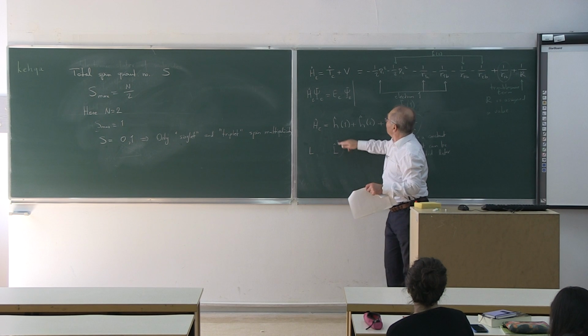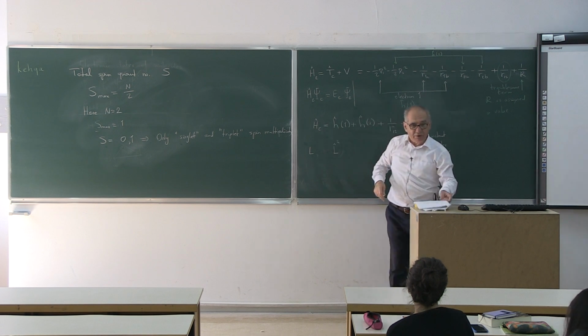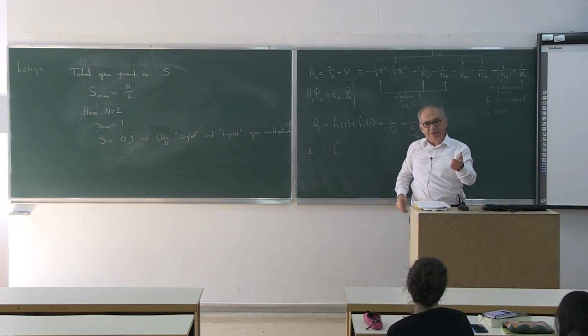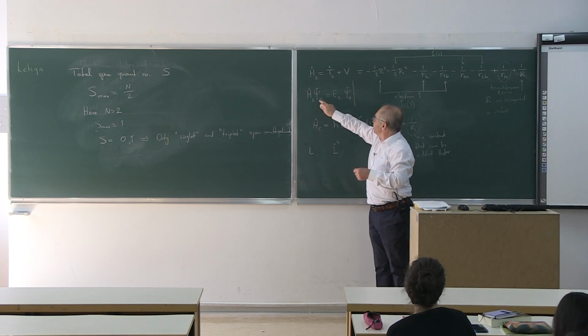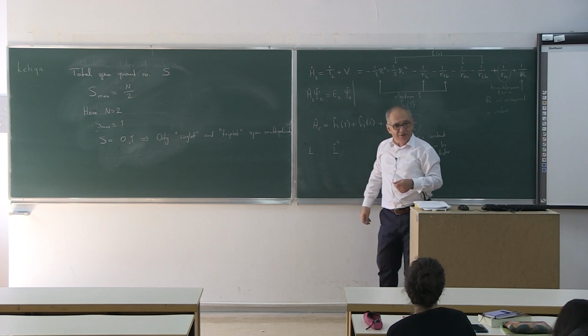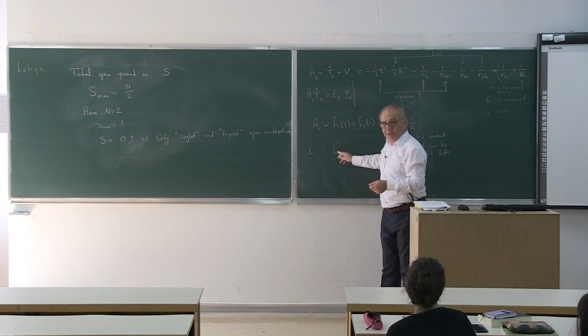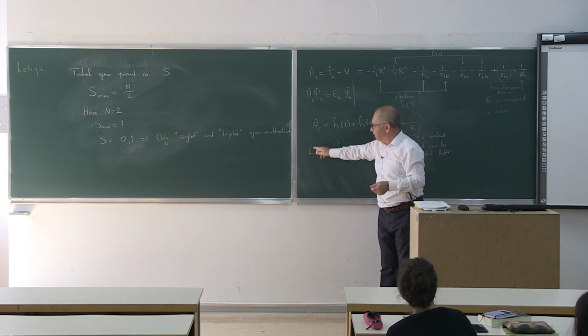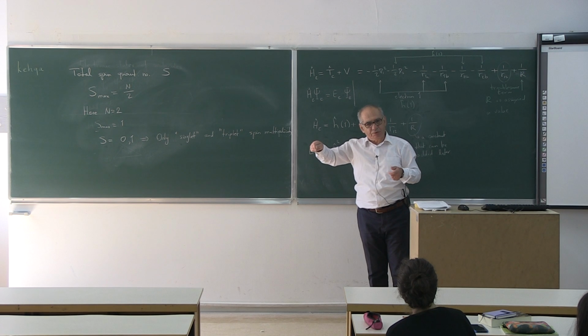That means L square does not commute with the total Hamiltonian. If L square does not commute with the total Hamiltonian, what does it tell us? The solutions of the Schrödinger equation with this Hamiltonian, these psi electronic state functions, cannot be simultaneously eigenfunctions of L square. Therefore, this L quantum number loses its significance when we come to molecules.